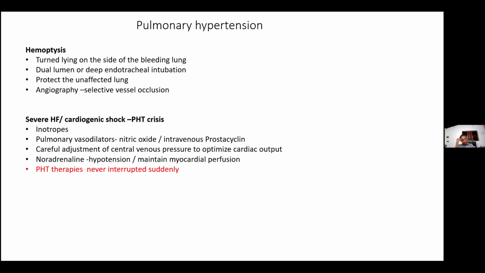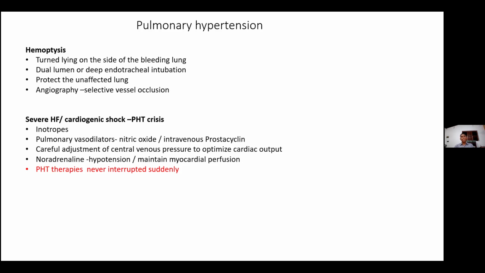And if you have facilities, we take them to the cath lab. Sometimes there are major vessels supplying, for example, a patient with a poor lung artery supply or pulmonary atresia, as I have mentioned, they will have a lot of direct communication from the aorta to the lung.